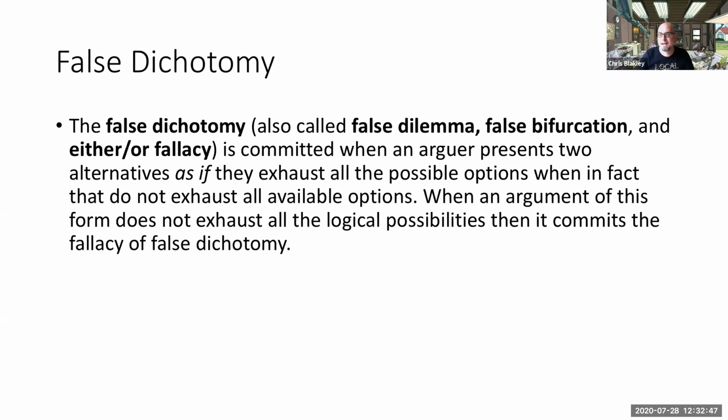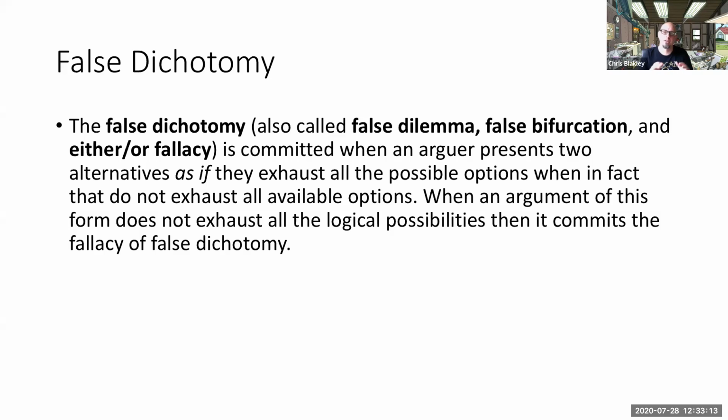All right, next we have false dichotomy. Other names for this one include false dilemma and false bifurcation. Many times it's just called the either-or fallacy. It's committed when an arguer or an argument presents two alternatives as if they exhaust all the logical possibilities, when in fact there's at least another option that is left out.